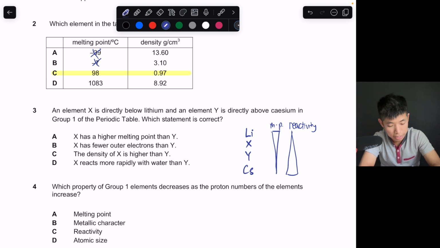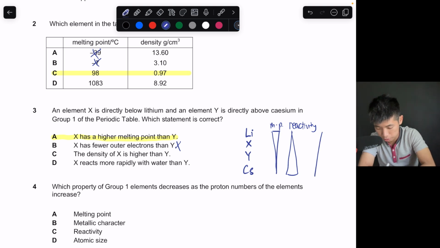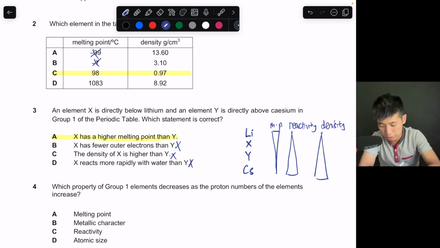X has a higher melting point than Y. That is correct. Option B is wrong because they all have one valence electron. The density of X should be lower than Y because the density increases down the group, and X reacts less vigorously with water than Y because the reactivity increases down the group.